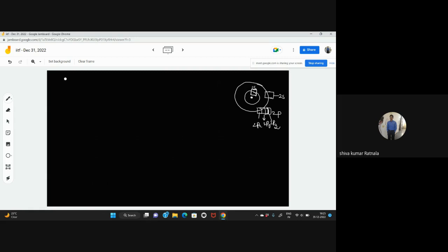And one more point, please try to remember this. In an orbital, maximum 2 electrons can be placed.